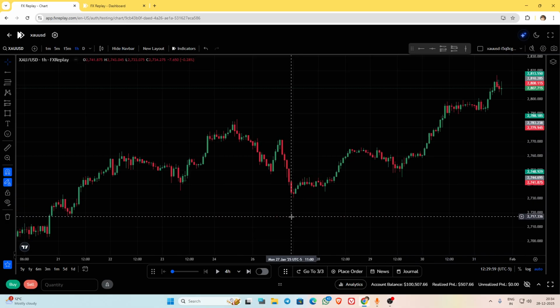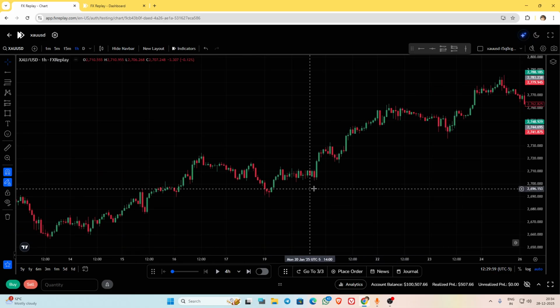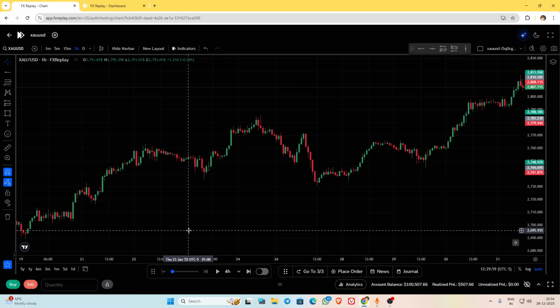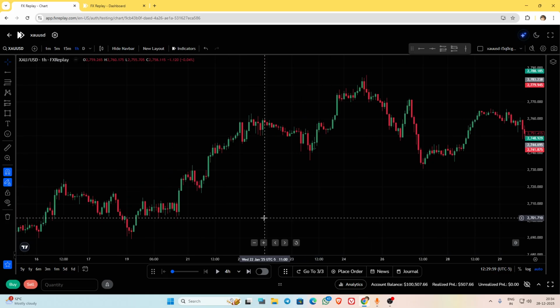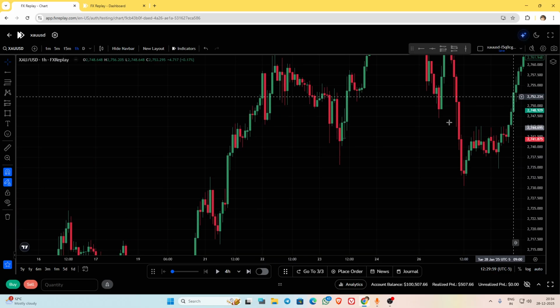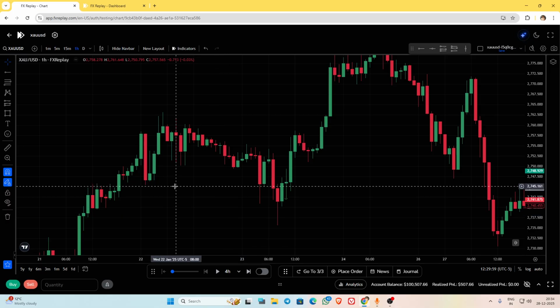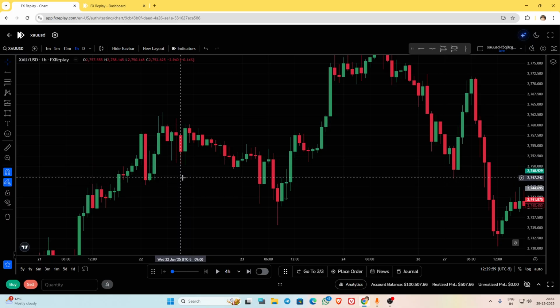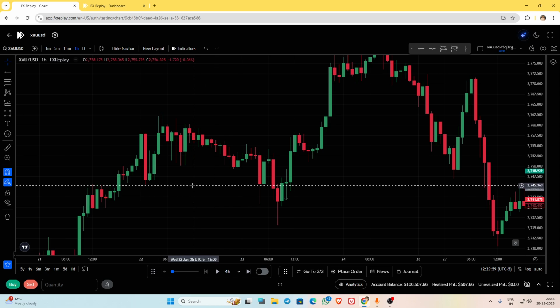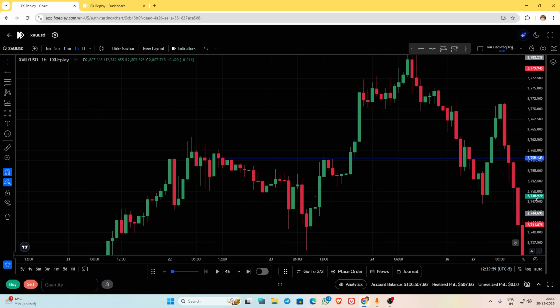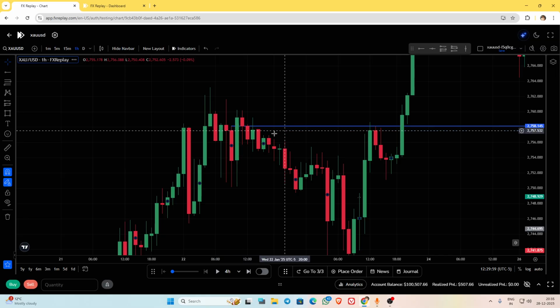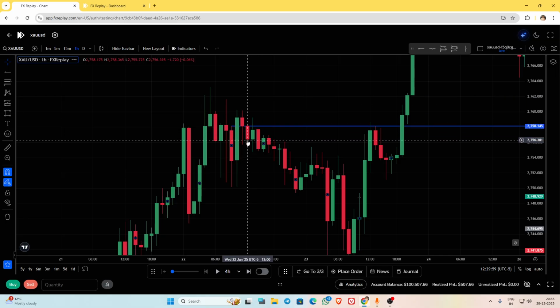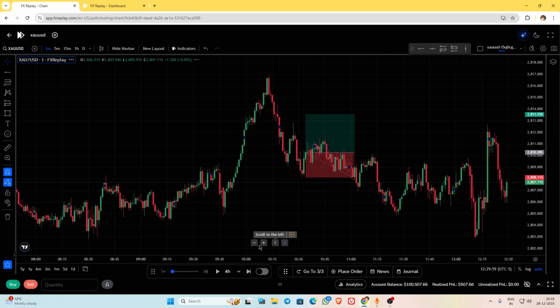Let's go to 22. So the 7 a.m. candle didn't close anywhere. 8 a.m. also failed, 9 a.m. also failed, and 10 a.m. closed above the 9 a.m. So this is the point where we could have gone for a buy, and let's see what happened on that day.